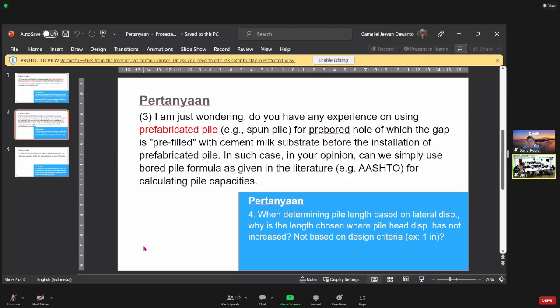Yang di belakang ini sudah pondasi dalam loh ini ya. Ya sudah ya. Jivan, boleh bertanya? Ya, silakan. Kalau ada dari Zoom juga silakan ya, langsung ya.